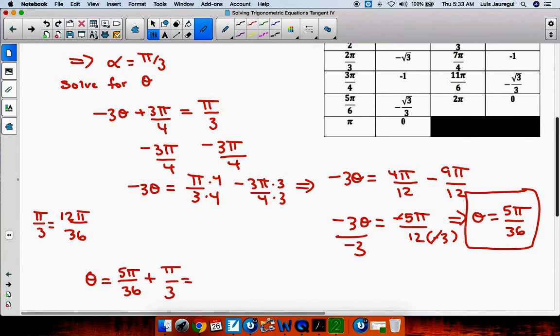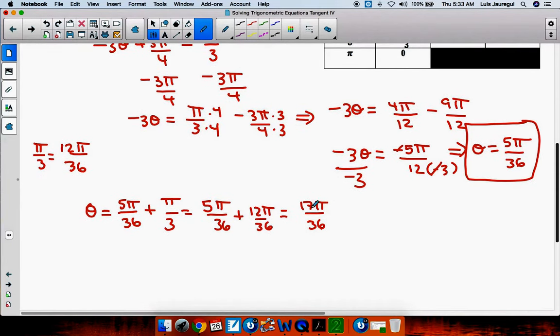So we're writing this as follows. We get 5 pi over 36 plus 12 pi over 36 gives you 17 pi over 36. And that's also a value for theta.